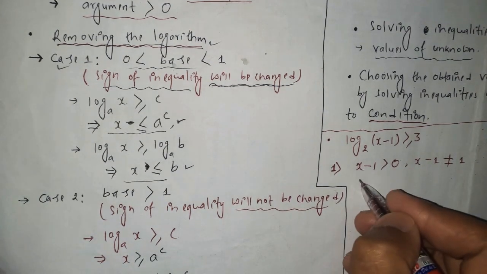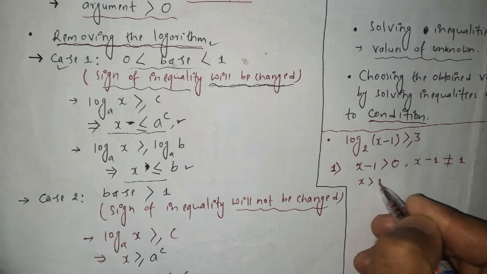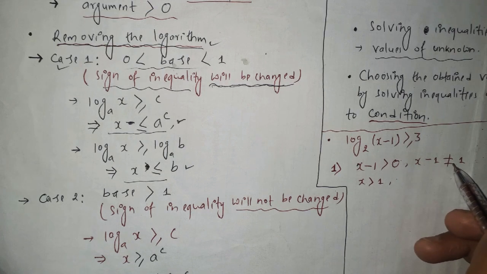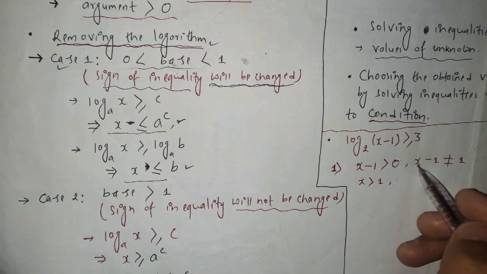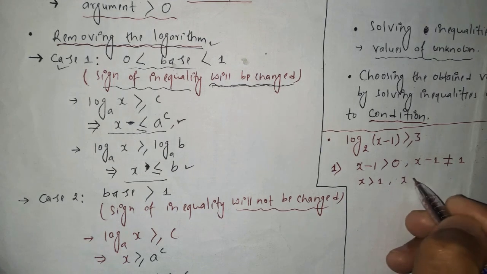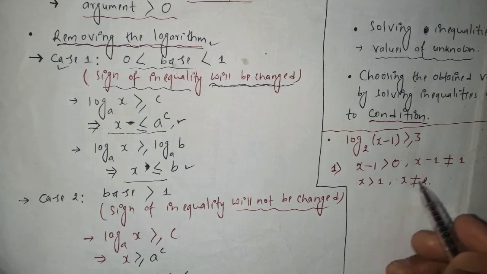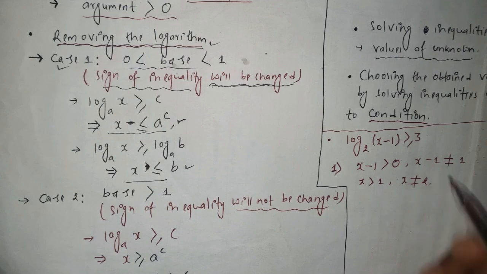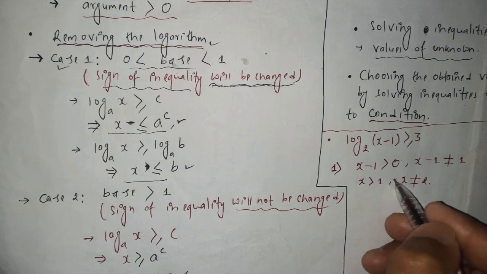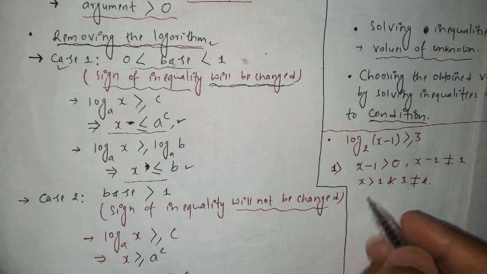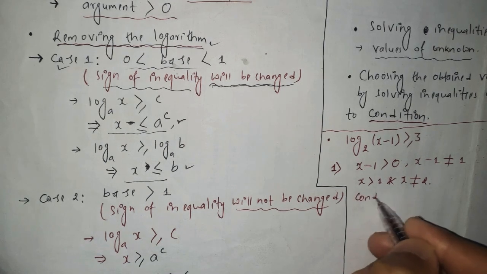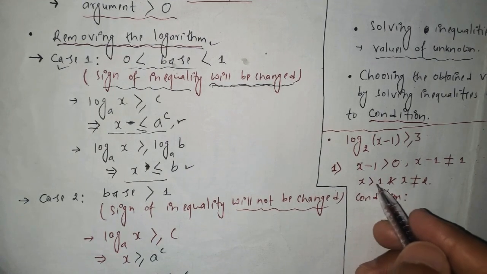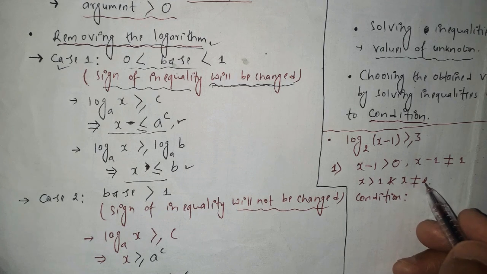This simplifies to x greater than 1. The second condition is x minus 1 not equal to 1. This is only violated when x is 2, so x should not be equal to 2. These conditions are valid for all values of x other than 2. So x should be greater than 1 and should not equal 2.